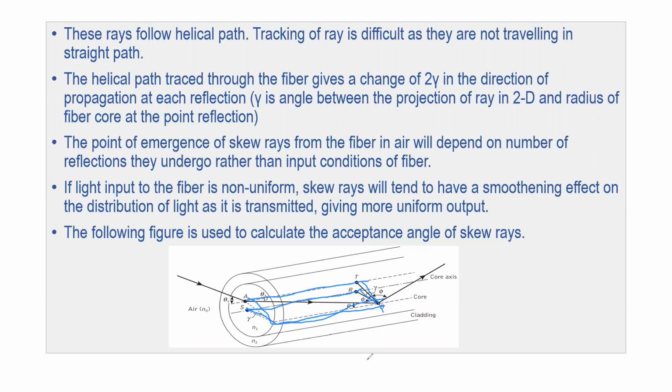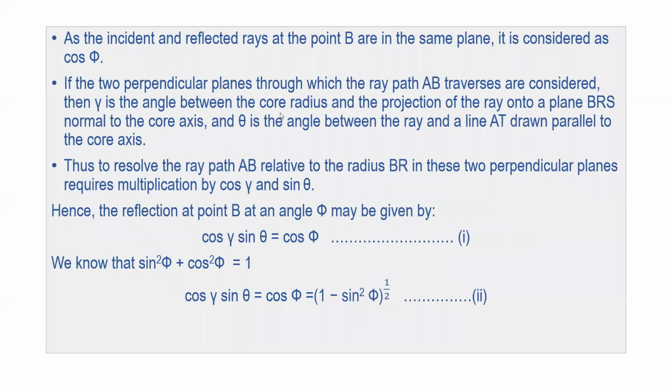So you have two planes. Let us represent this as the upper plane and this one as the lower plane. The incident ray and the reflected ray are both in the upper plane, so they are present in a single plane. Hence it is represented as cos phi.